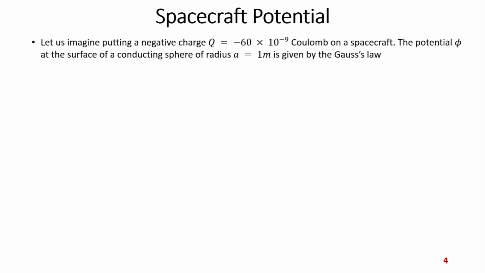Now, we will start with a very simple class 10 example. Suppose you have a charge equal to negative 6 times 10 to the power minus 9 coulomb, and you assume that a spacecraft is having that much charge. If that is the charge, then for the potential on the surface, you just consider a conducting sphere, then you can calculate it by this expression, and the potential will be minus 540 volt.